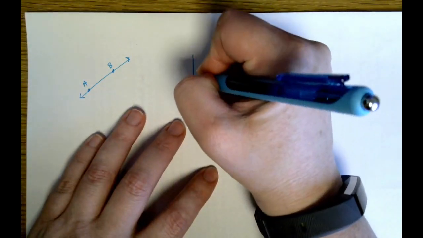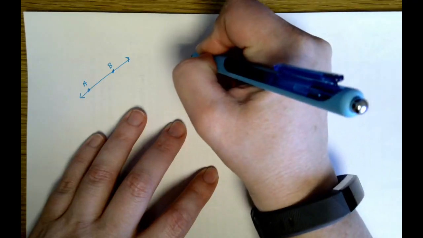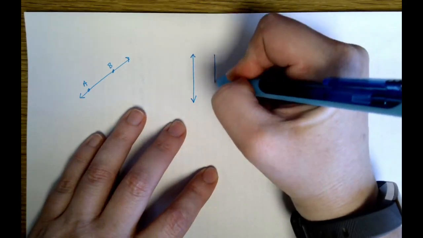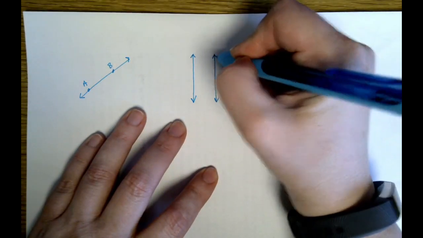So now we're going to talk about when you have multiple lines, or two lines at least, and their relationship to one another. So first of all, we could have two lines that are going like this, and then another line going like this.